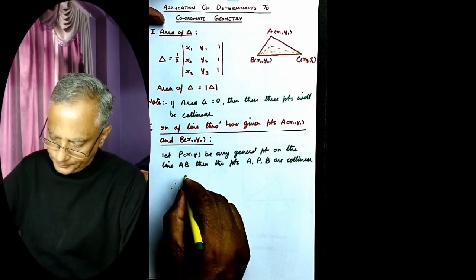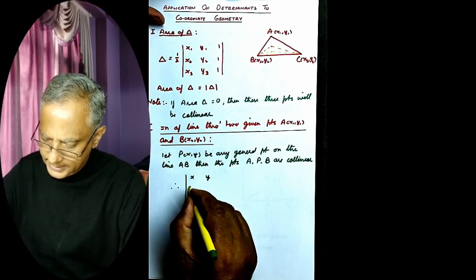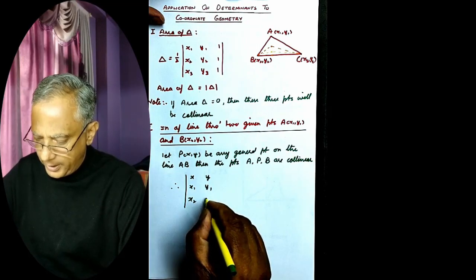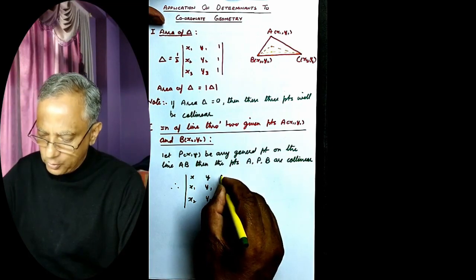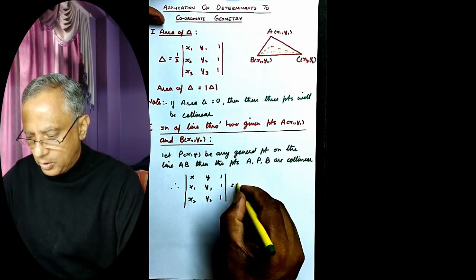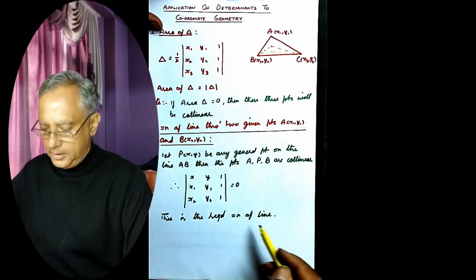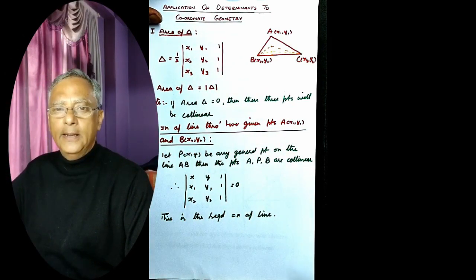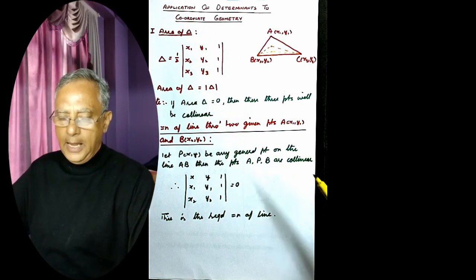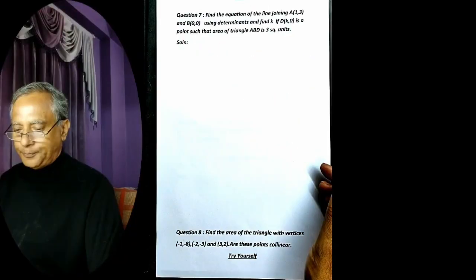Therefore, the first point is x, y, the second point is x1, y1, the third point is x2, y2. So this determinant must be equal to 0, and this is the required equation of the line. Now I will take up some applications of these two formulae.